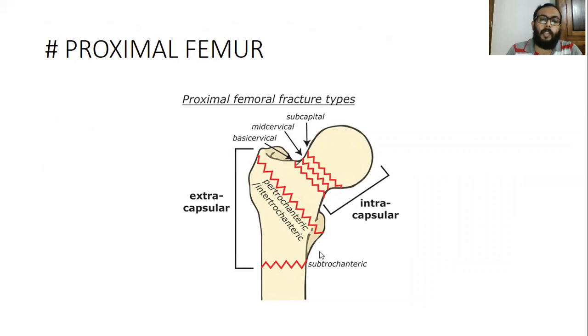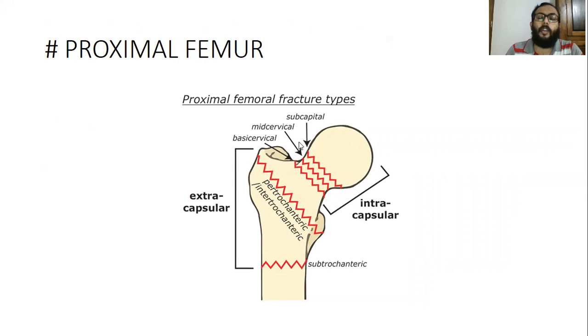Subtrochanteric means from the lesser trochanter up to 5 cm distally. Intertrochanteric means it is through the greater trochanter and lesser trochanter. Proximal to that, up to the basicervical part at the distal end of the neck of the femur, it is included in the intracapsular fracture.